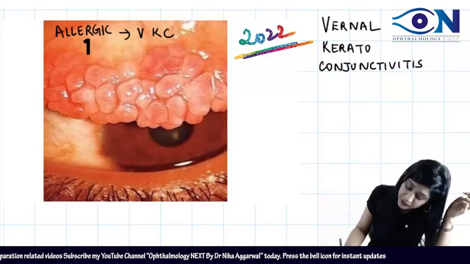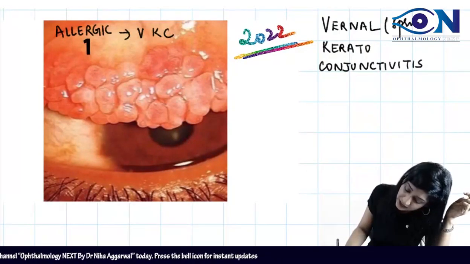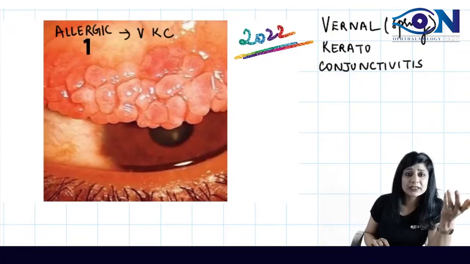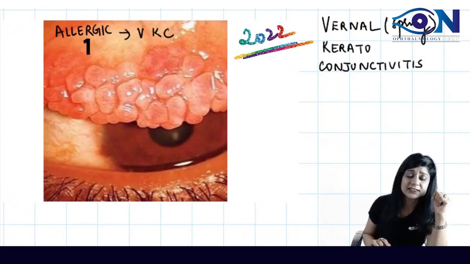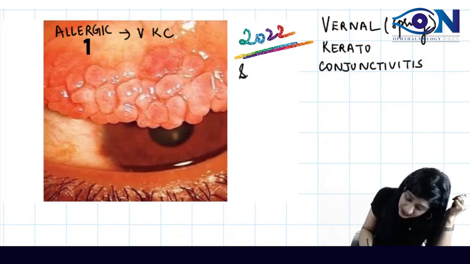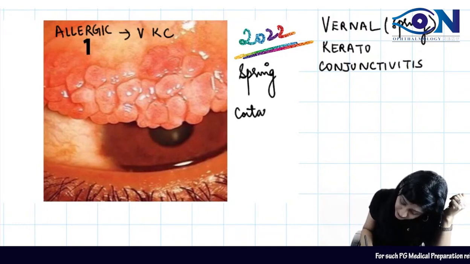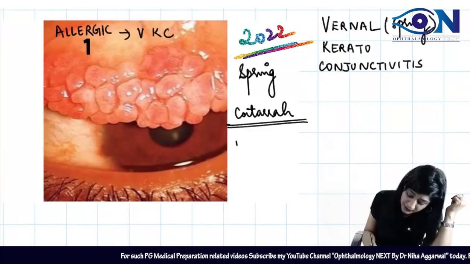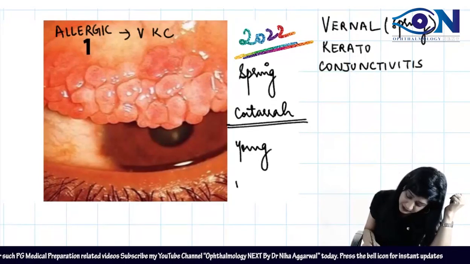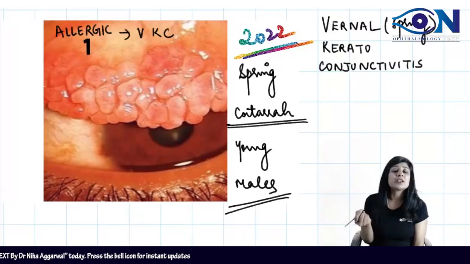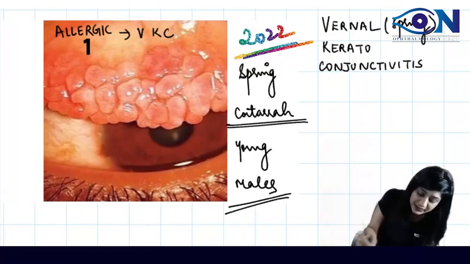So actually the word vernal means spring. Because it was a misnomer that it was common in the spring season, that is why it was named vernal keratoconjunctivitis, and they also call it spring catarrh. This is very, very common in young males, and the typical thing that you are getting is your itching.